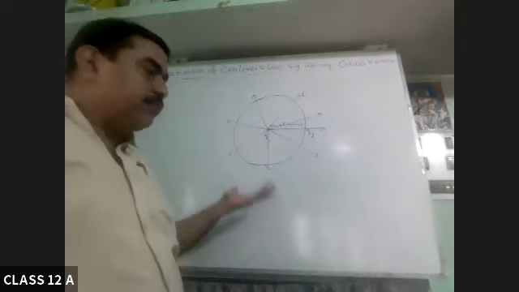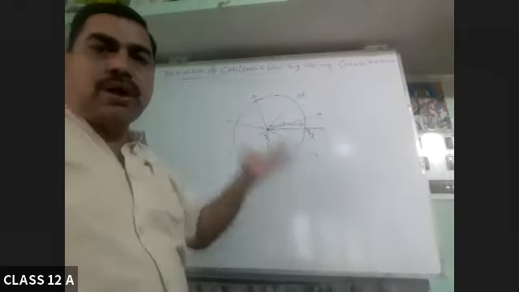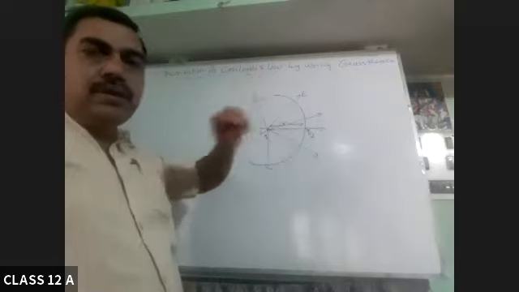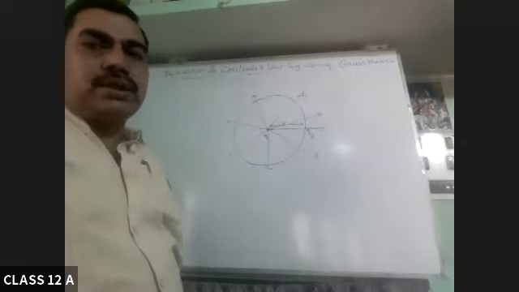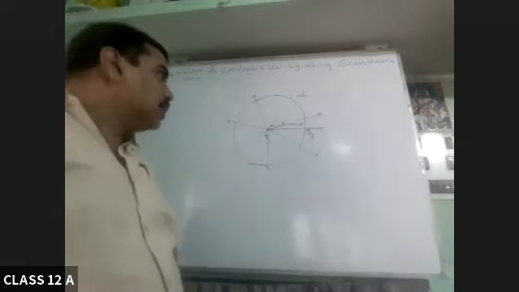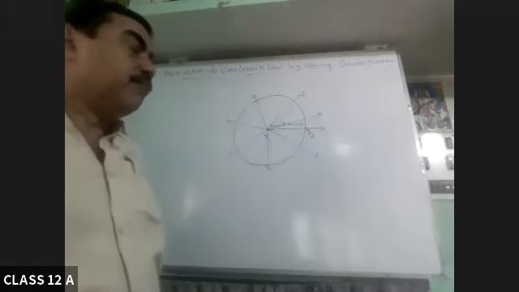That Gaussian surface may be a sphere, a cylinder, or a cube, whatever the shape may be; according to our convenience, we can change the shape. Afterwards, we will discuss what type of shape we have to consider.